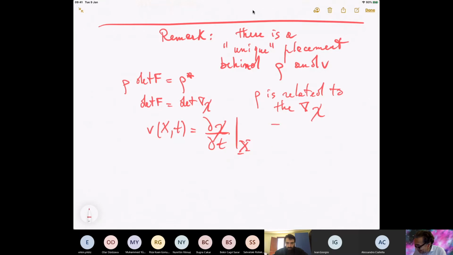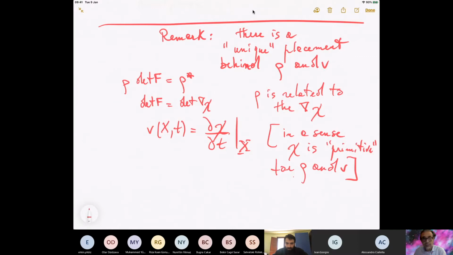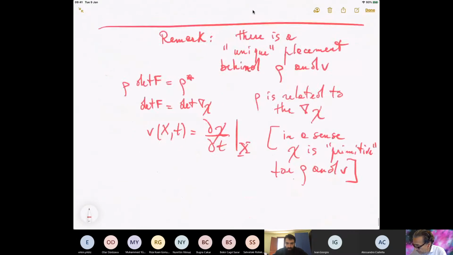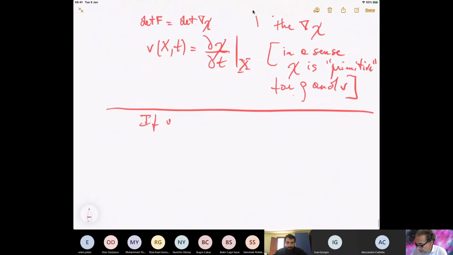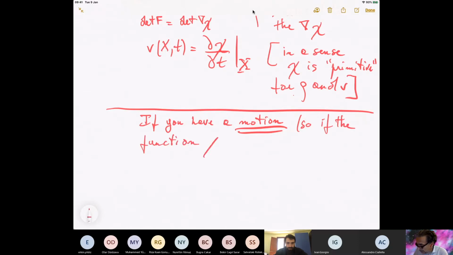So in a sense, kappa is primitive for rho and V. In other words, if you have a motion, if the function kappa exists, then rho and V cannot be independent.